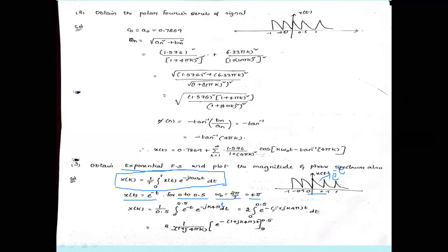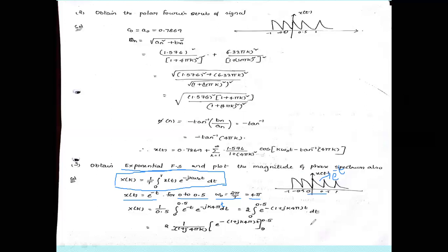Now what is the integral of e power minus (1 plus j 4 pi k) t dt? You get the coefficient in the denominator: 1 by minus (1 plus j 4 pi k), and e power minus (1 plus j 4 pi k) into t, with upper limit 0.5 and lower limit 0. Okay, my dear students.